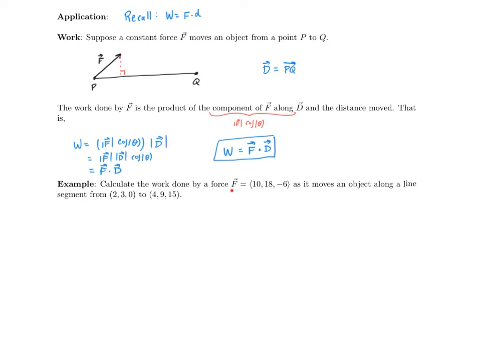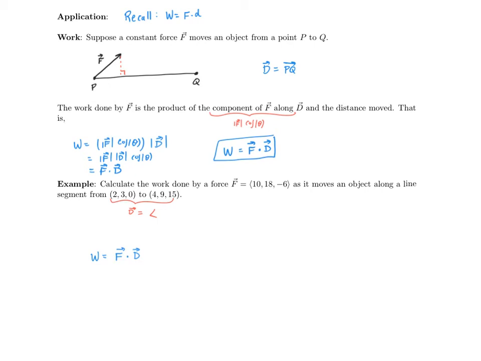Let's calculate the work done by the force vector given here as it moves an object from the point (2, 3, 0) to the point (4, 9, 15). To calculate this work, we take the dot product of the force vector with the displacement vector, where the displacement vector takes us from the first point to the second, a concept we discussed in the previous section dealing with vectors.